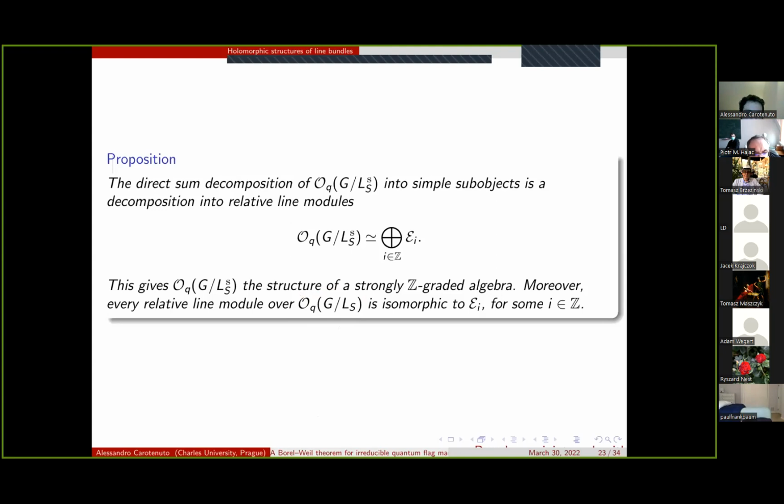And in order for this equivalence to hold, I have to ask for this compatibility between the coaction of O_q(G) and the action of O_q(G/L_S).